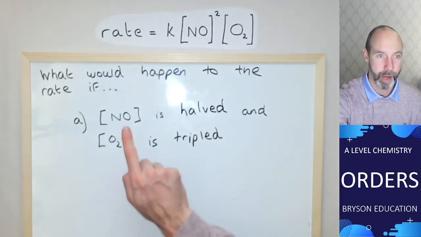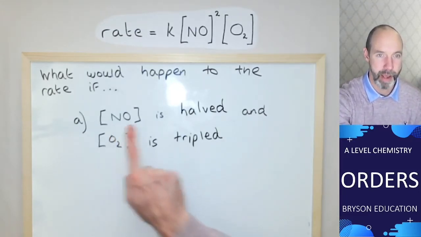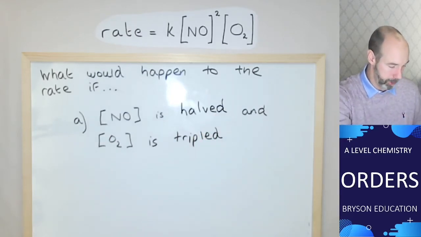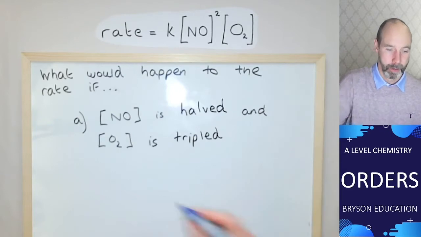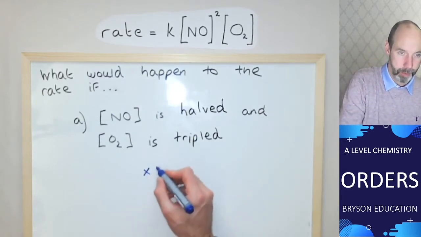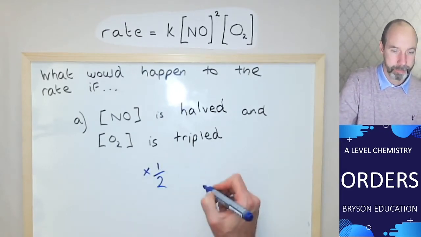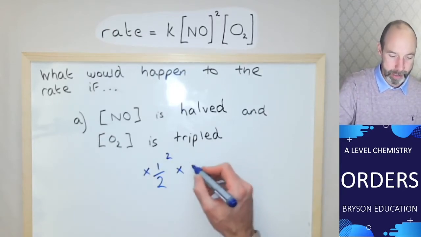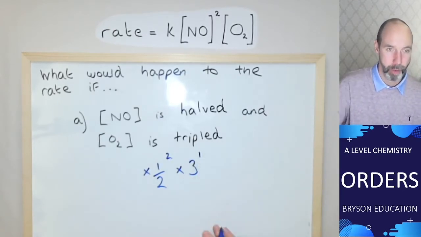Now let's have a look at what's going to happen here. So the concentration of NO has been halved and the concentration of O2 has been tripled. So NO has been halved. We need to square that. Concentration of O2 has been tripled, power of 1.